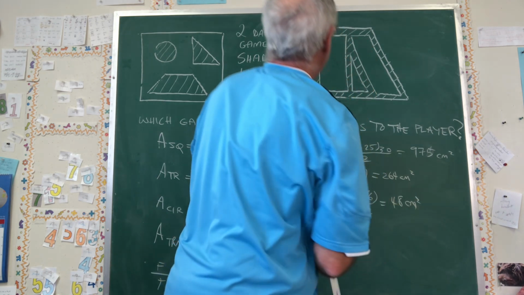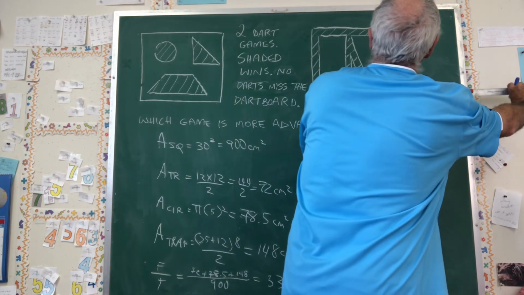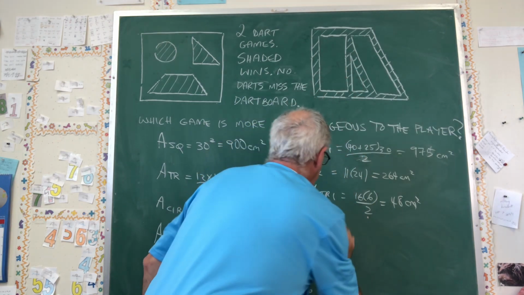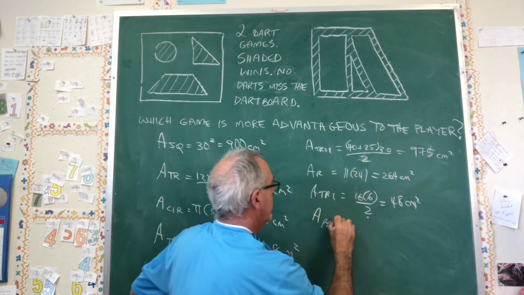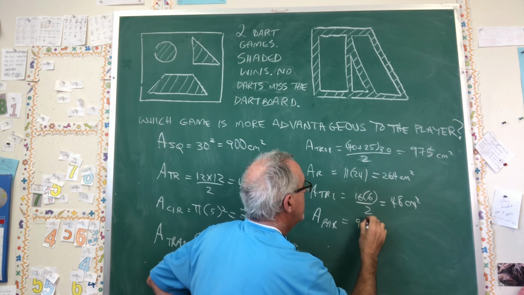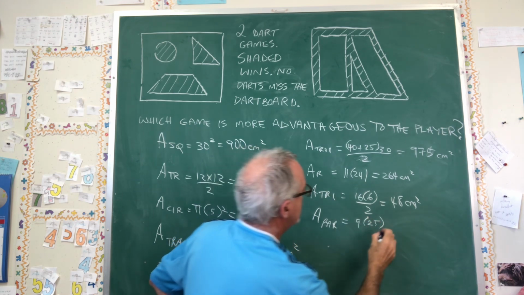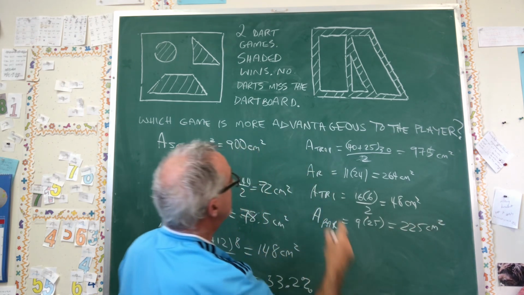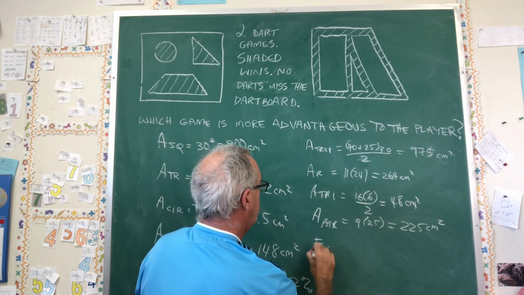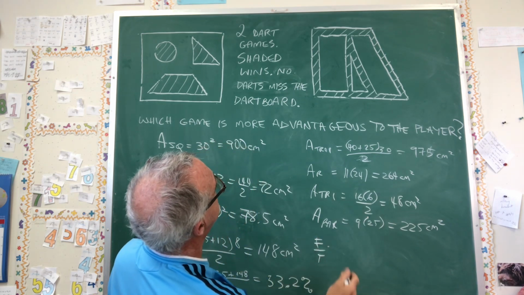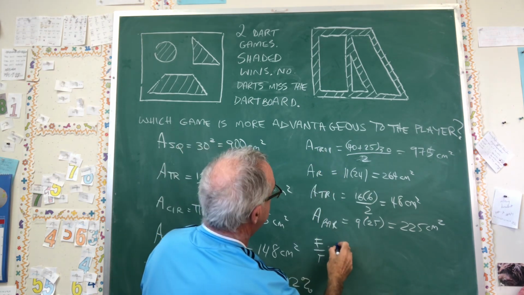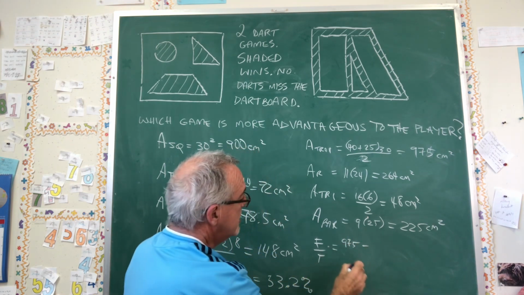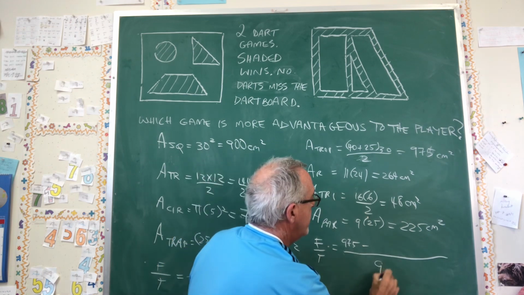We're getting there. The parallelogram, the base is 9, the height is going to be 25. That's all you need. That's 225. And so therefore the probability, favorable over total this time, is the trapezoid, which is the 975, minus all of the small ones, over 975.